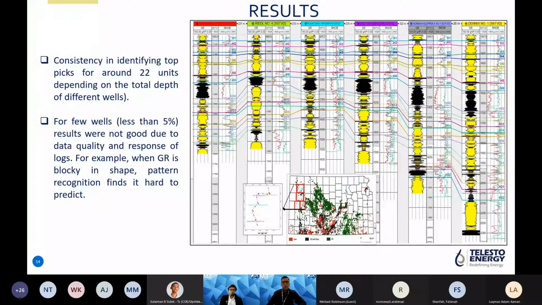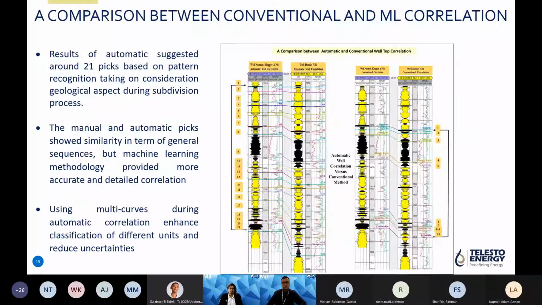Overall, the results were good, I would say around 90 to 95%, but for some wells, it's a bit difficult. One example where we noticed that if the GR is too blocky, then the pattern recognition sometimes doesn't work. But otherwise, overall, the results were very satisfactory.